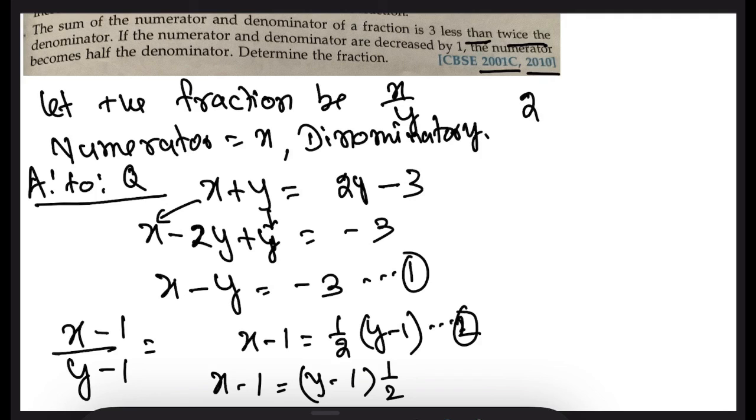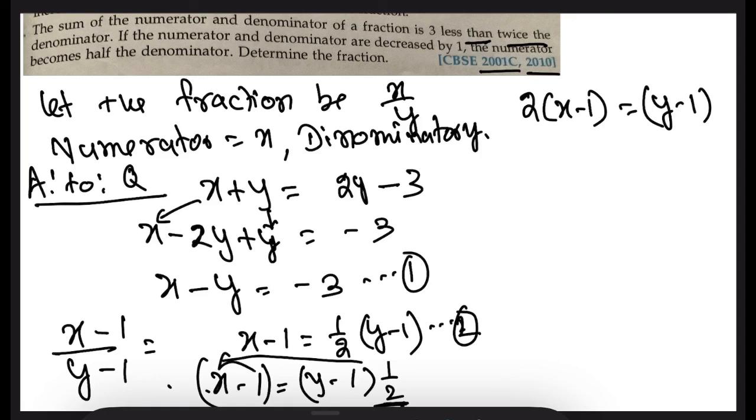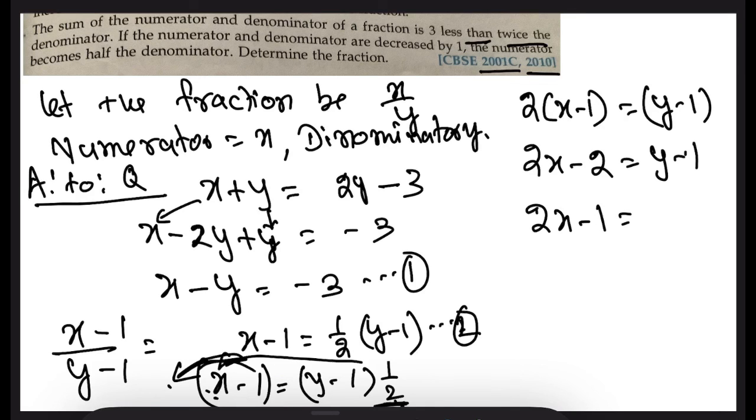Half will become 2 into x minus 1 equals y minus 1. Understood? We brought the half to this side, so the half becomes 2, multiplied with the whole. Solving, 2x minus 2 equals y minus 1. So 2x minus 1 equals 2x minus y.